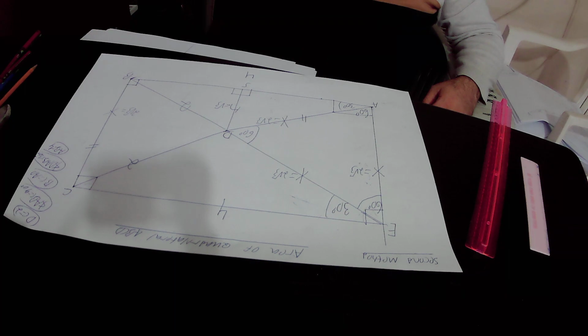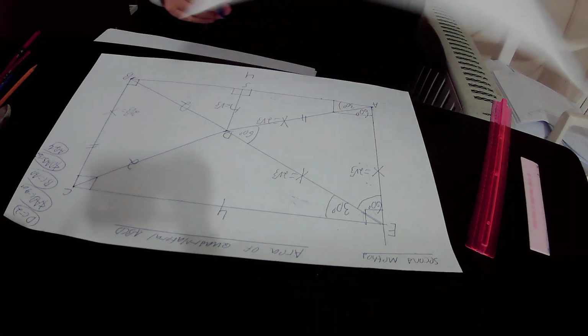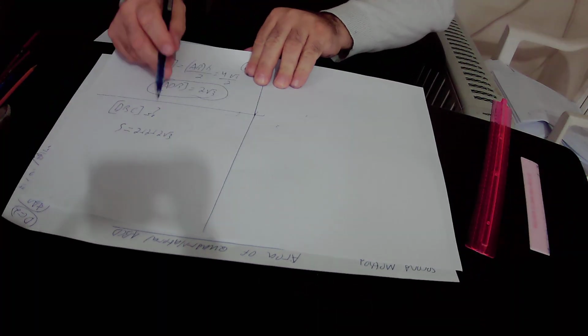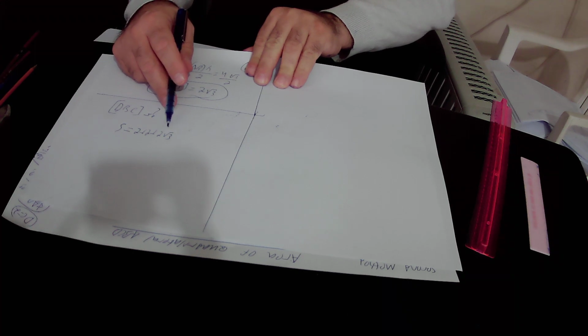First of all, we'll calculate the semi-perimeter of this triangle DBC. The semi-perimeter of any triangle is equal to the perimeter over 2, and the perimeter of this triangle is 2 plus 2 plus 2 times square root of 3.